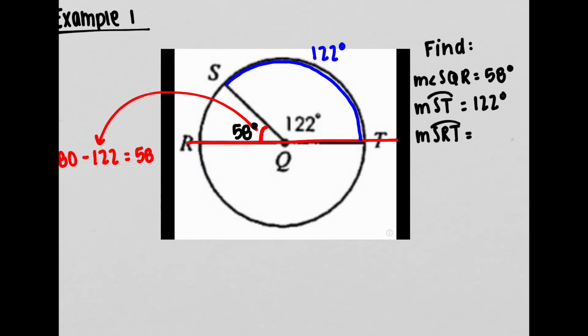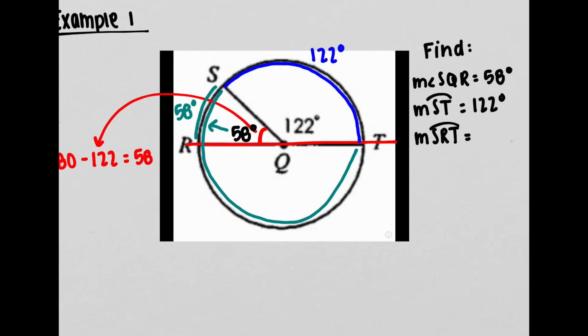I need to find now the measure of arc SRT. So I'm going to go ahead and highlight in a different color, SRT. Now I know I need to find this small arc of SR first, but I already found its central angle. So I just draw my arrow out, and I know that this is 58 degrees. Now the tricky part here is what you have to remember. I need to find this arc now from R to T. This is a half circle, a semicircle, and remember that angle measure is equal to 180.